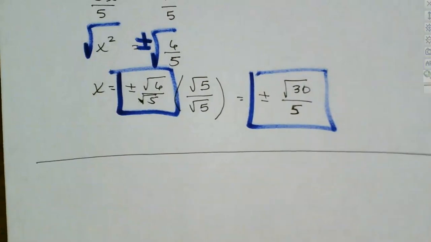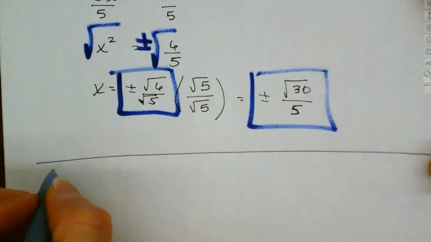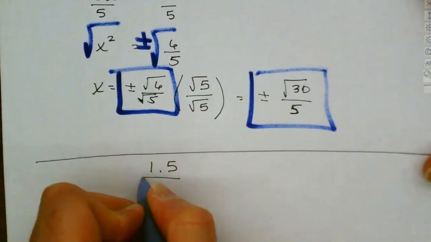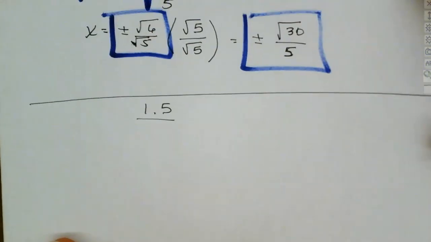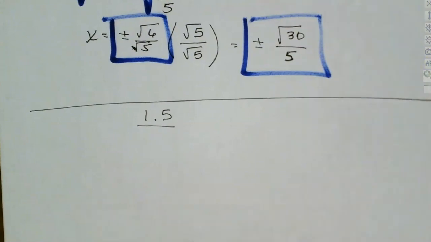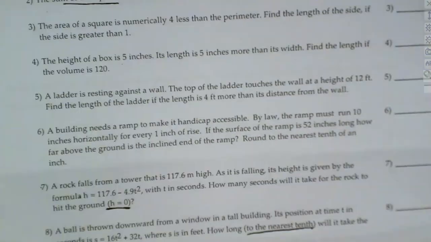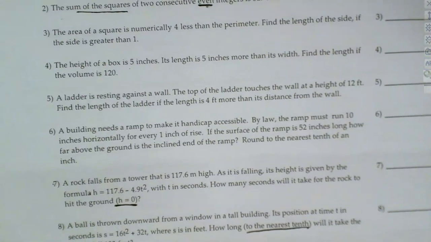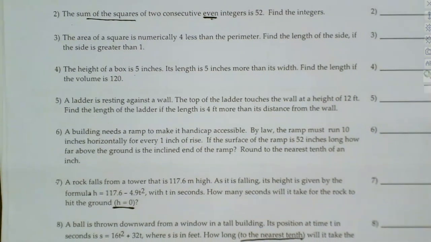Let's now go back and look at 1.5, question number 4. I believe someone asked about that. So 1.5, question number 4. So the height of a box is 5 inches.